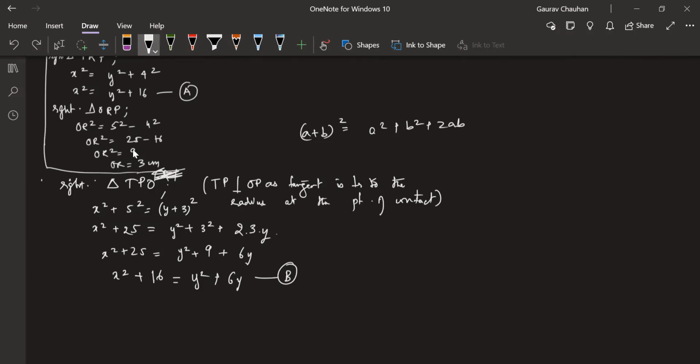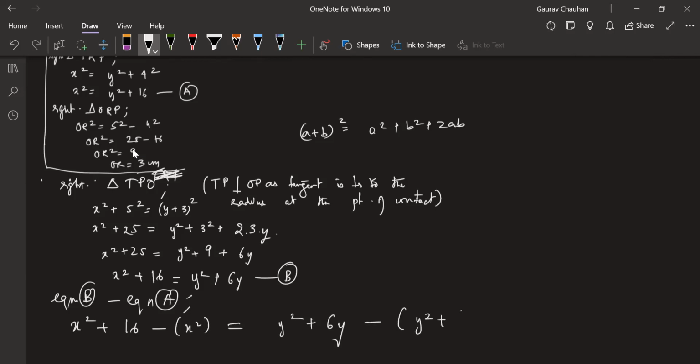So all I'm going to do is say equation b minus equation a. I'm going to write everything down, so we're not confused. Let's write b first: x square plus 16 is equal to y square plus 6y. Then for equation a, I have minus x square, and here I have minus y square plus 16.